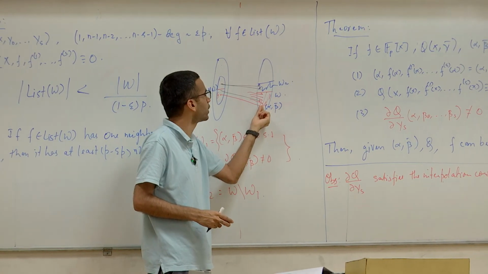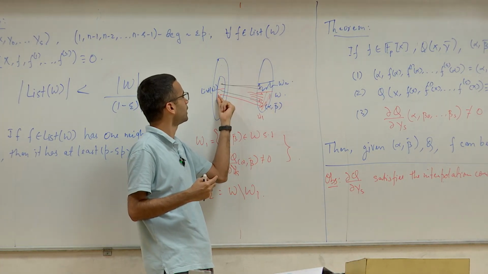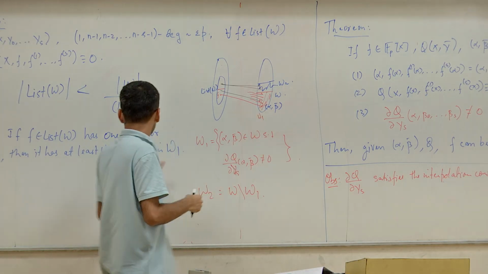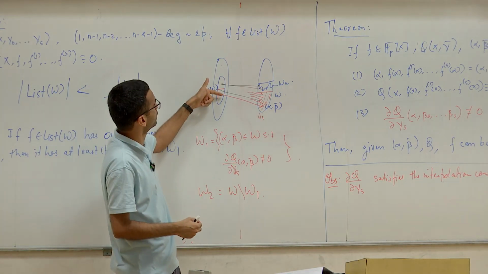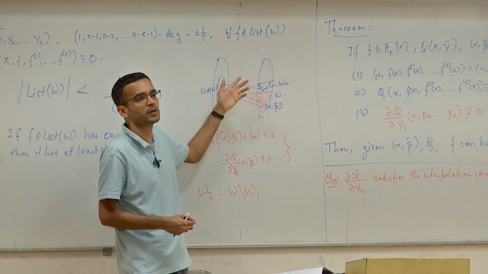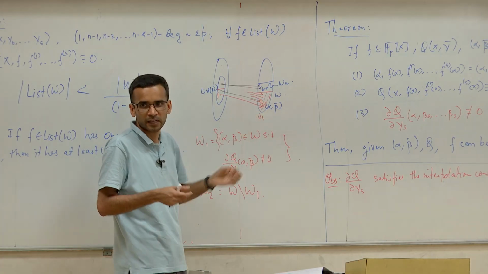We can start from any vertex in W1 and recover the unique neighbor in the list of W that is adjacent to it. But this claim is telling us that every guy here is going to be recovered many times, because you can take all of its P minus epsilon P neighbors and try to recover this.